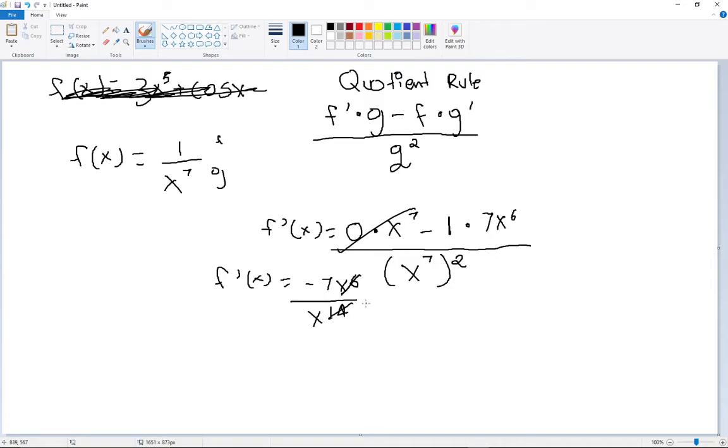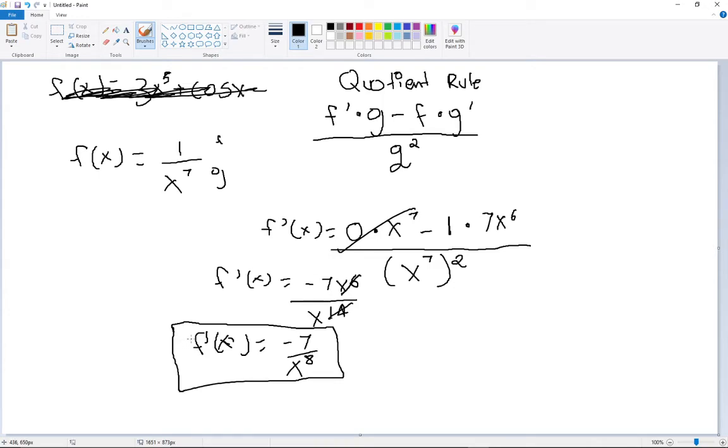That subtracts from the bottom one, so it ends up with f prime of x equals negative 7 over x to the 8 power. That will be your final answer.